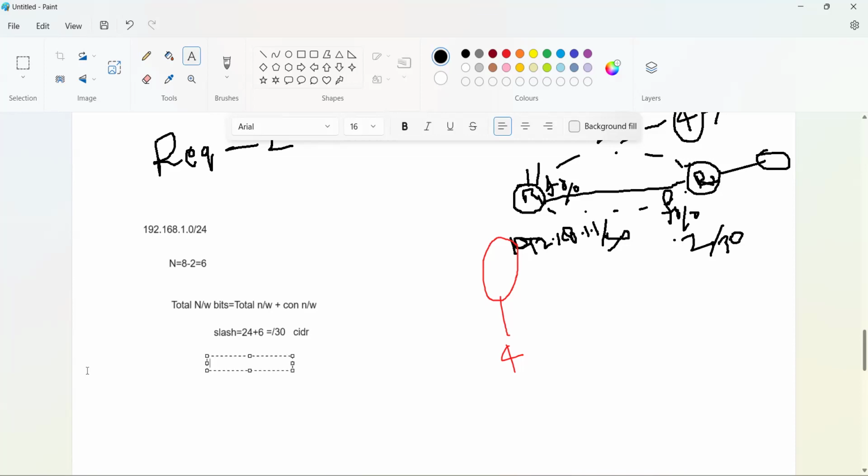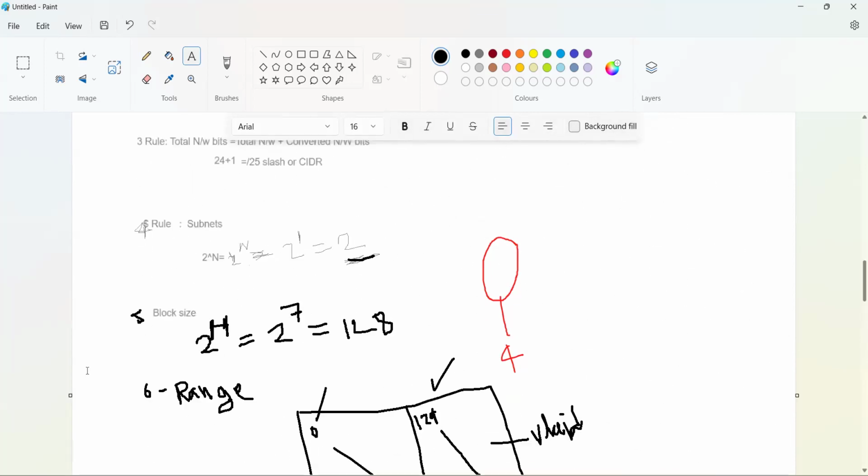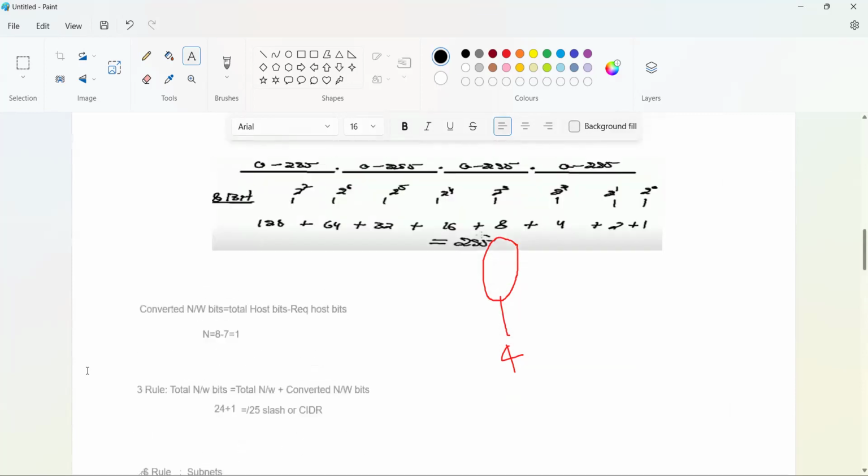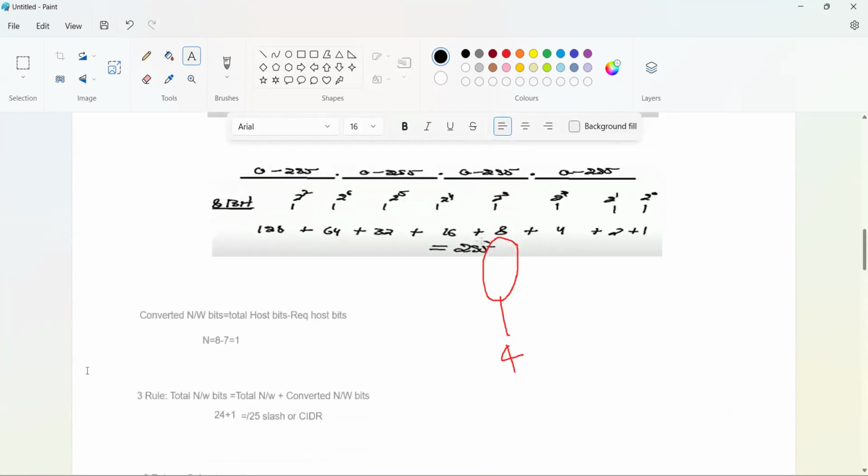And the subnet mask you can take as 255.255.255.252. Calculate here: 252 is 4 plus 8 plus 16 plus 32 plus 64 plus 128.